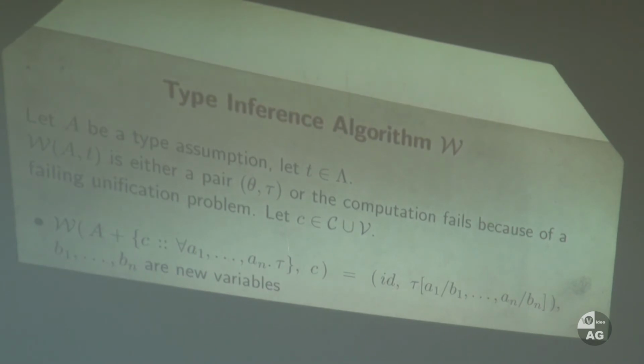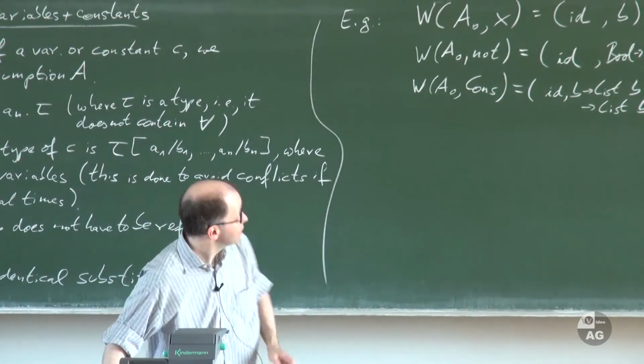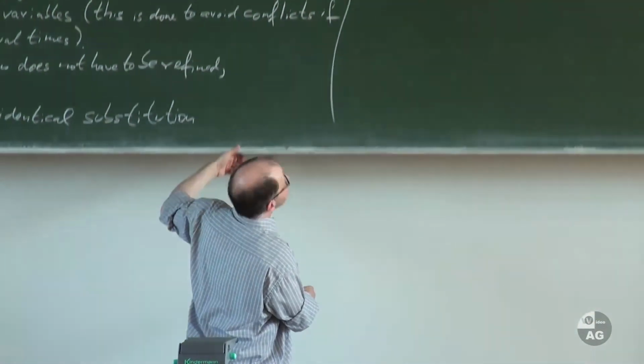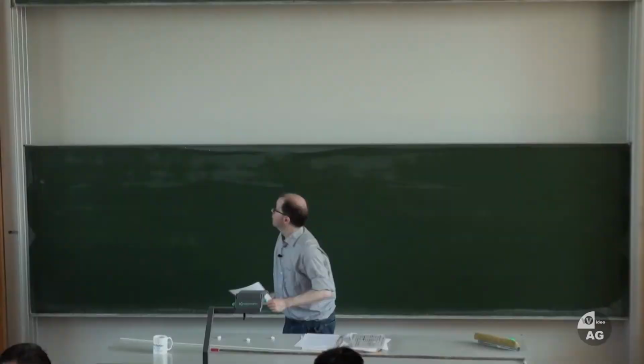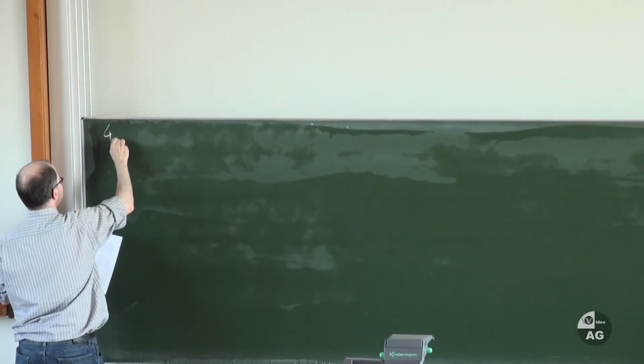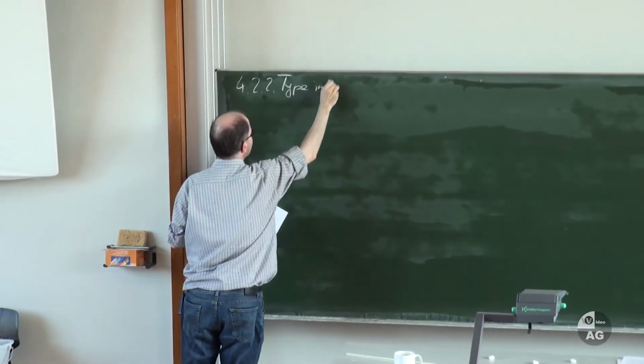And the interesting cases are what happens if the term is more complicated, so if the term is a lambda abstraction or an application. So that's the next question. And before solving this, let's create some more space. Okay, so the next step is type inference for lambda abstractions.